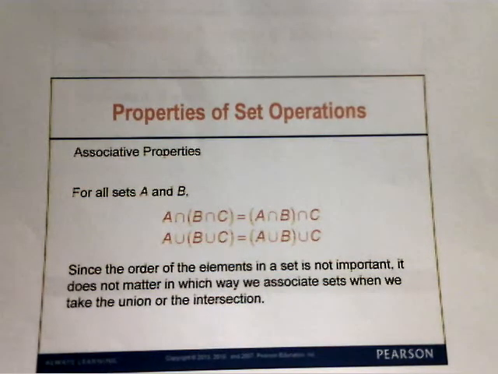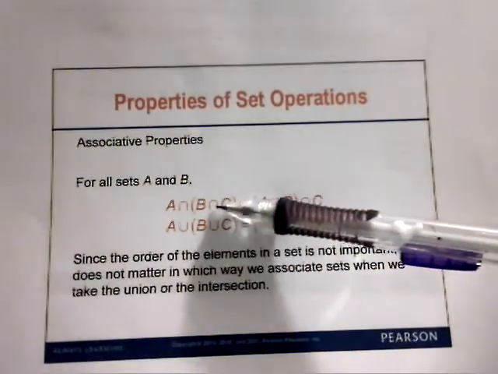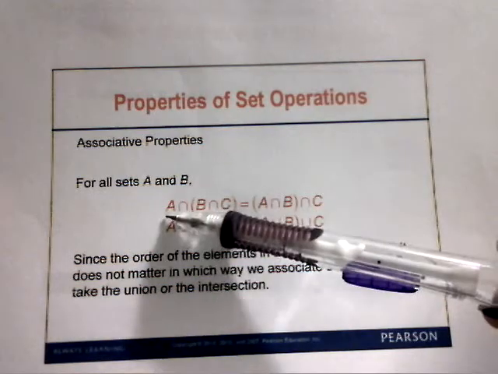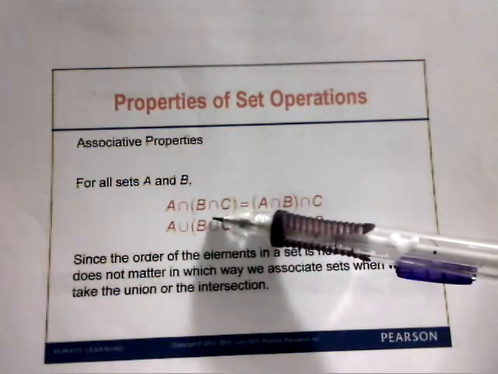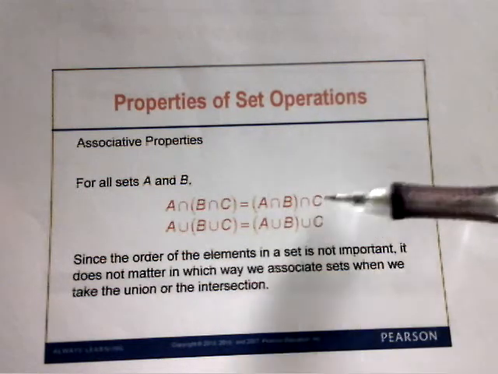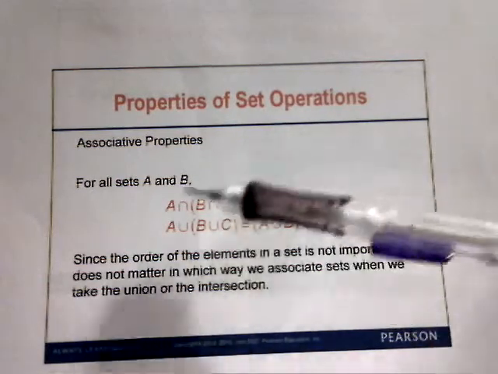The associative properties look like this. I can take the intersection of A and B, and then whatever that is, get its intersection with C. That's the same as taking the intersection of B and C, and whatever that is, get its intersection with A. And this also holds true with the union.